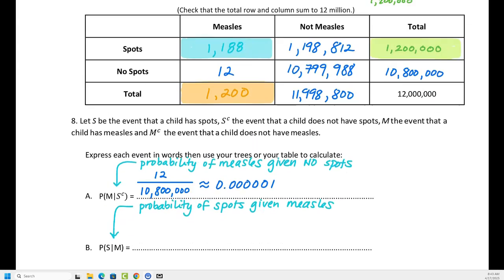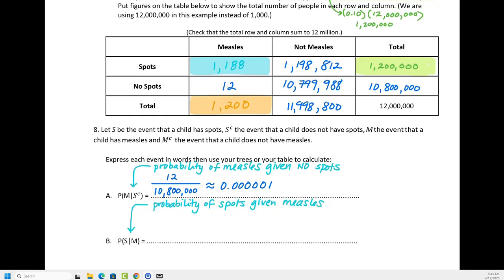Well, if the given is measles, that means we're going to look at this column alone here, right? So in that column, how many people have spots? Well, it's the 1,188, and then we're going to divide that by the 1,200, 1,200.